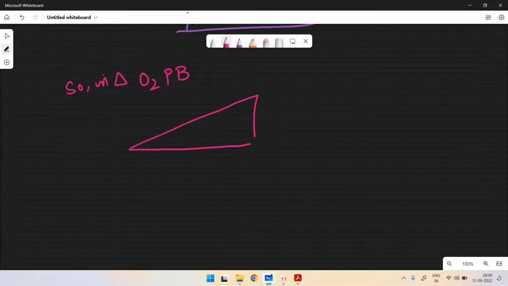In triangle O2PB, the height you have already calculated as 5 root 3.